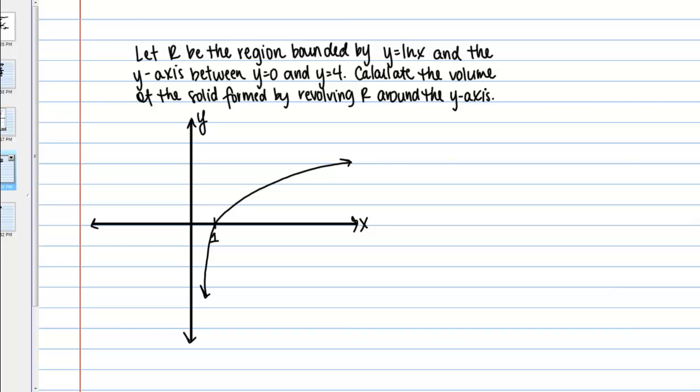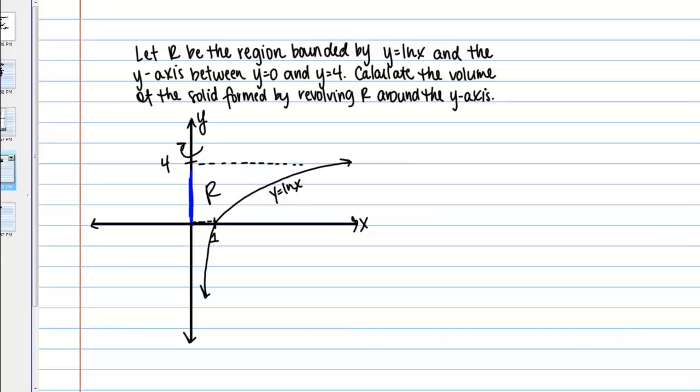Okay, so that is y equals natural log of x, and then of course I have my y-axis over here, and specifically I'm looking between y equals 0 and y equals 4. So here's my region R in here, and I'm going to rotate it around the y-axis and create a solid in that way.